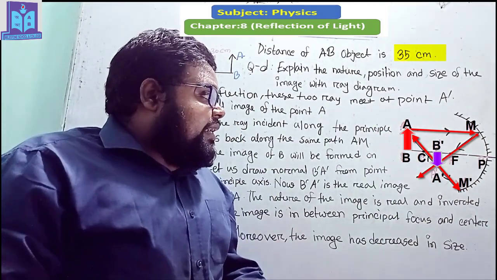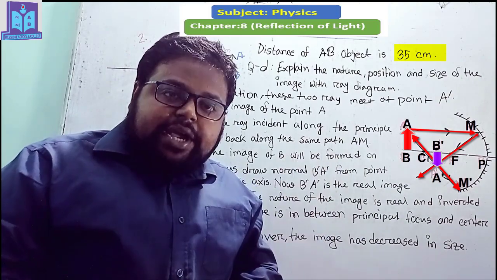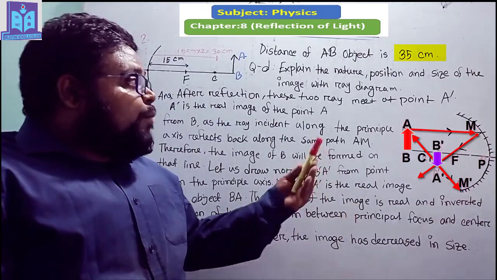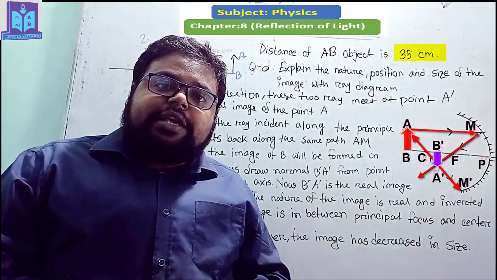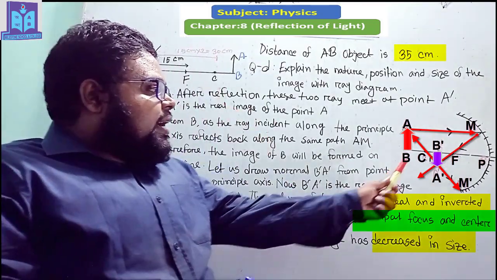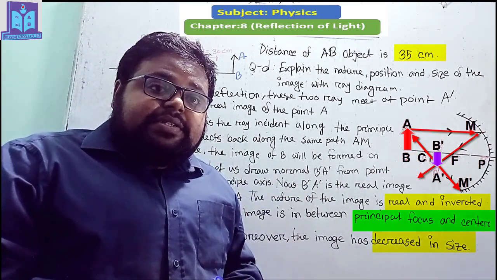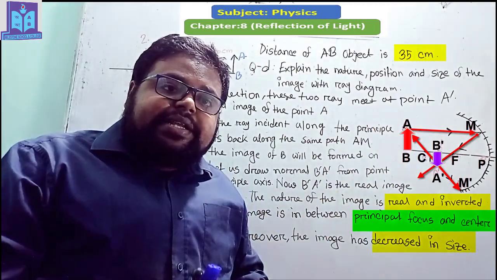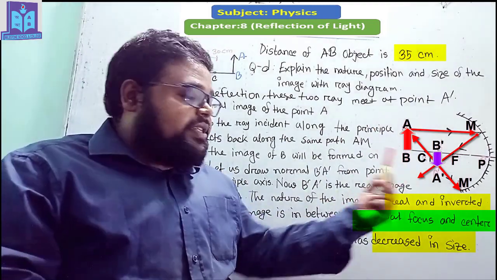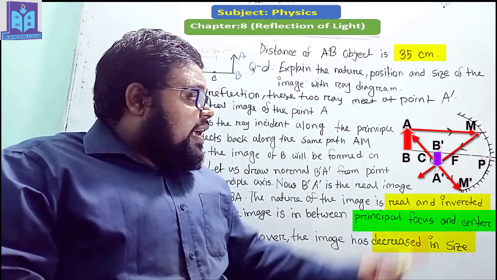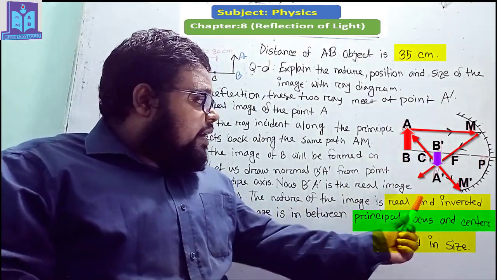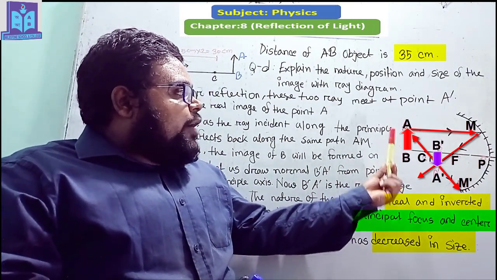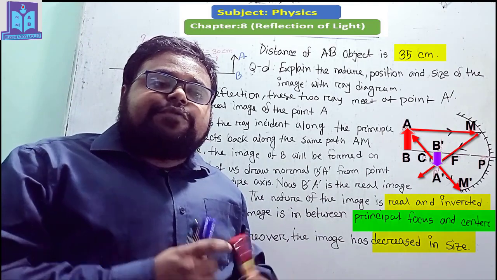So I have already drawn the image of this object, dear student. Now I will discuss with you the nature, position and the size of this image. Here you can see that the image is a real image, because at whichever side the object is situated, at that side the image is created. That's why the image is a real image. But the image is inverted, because here you can see that the look of the image and the object are opposite from each other.